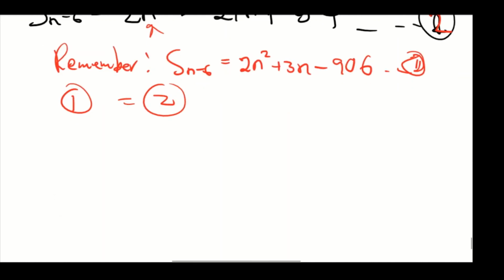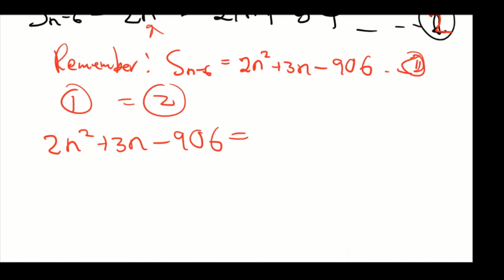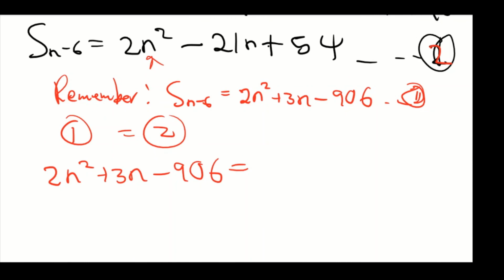They are equal since it's the sum of n minus 6. So the first equation is 2n squared plus 3n minus 906 equals, and then our second equation is what we just found here: 2n squared minus 21n plus 54.